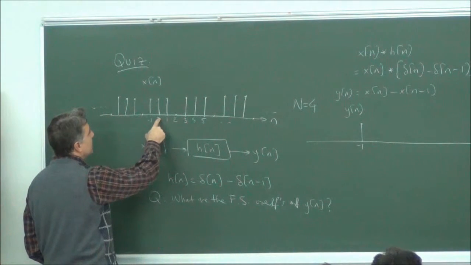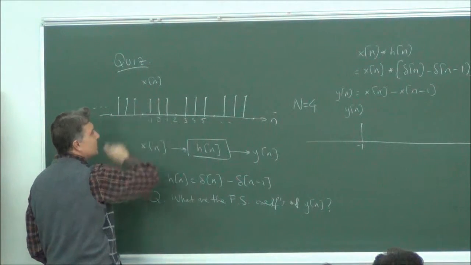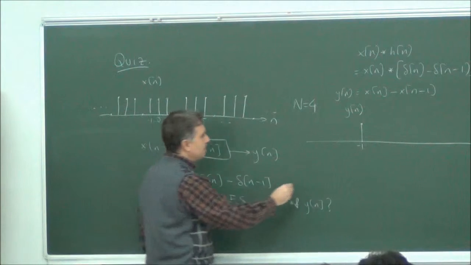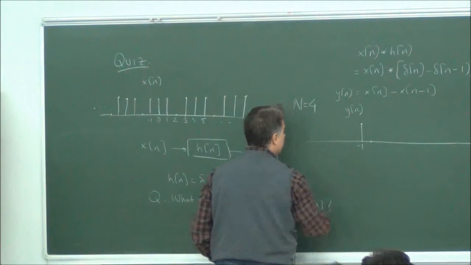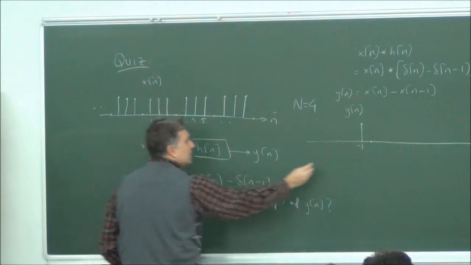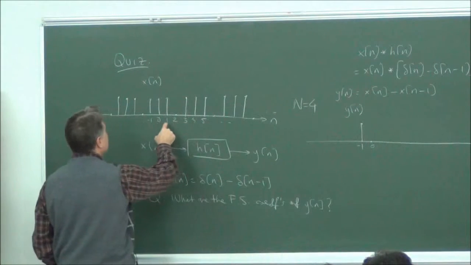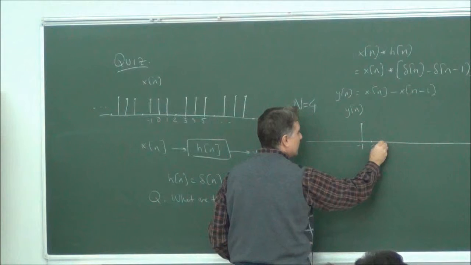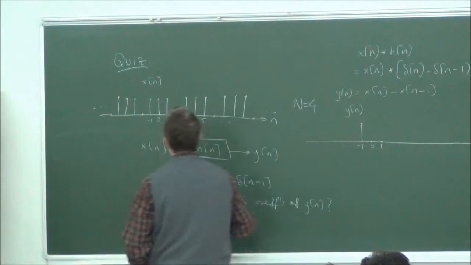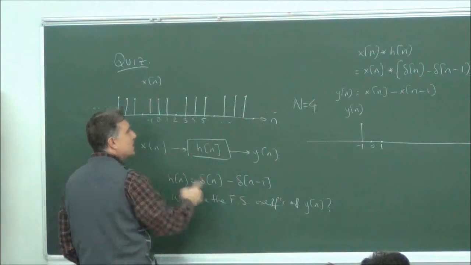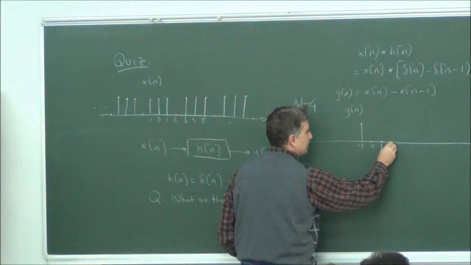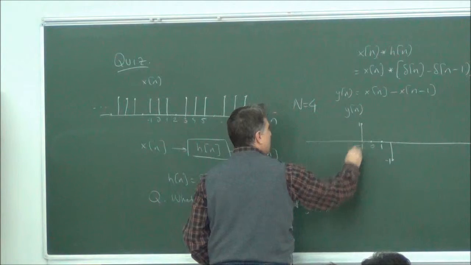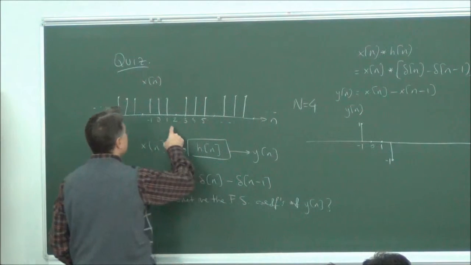At 0, it is this value minus the previous value. And what is that? 0. It's the same. At 1, this value minus the other one is still 0. At 2, 0 minus 1 is minus 1. So this is a 1, the other one is a minus 1.